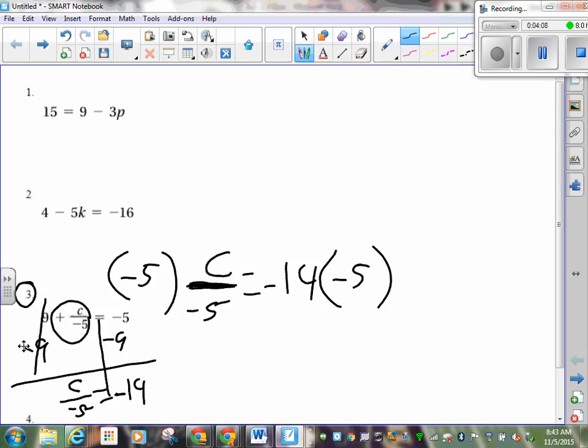This cancels, and I get C equals a negative times a negative is a positive. I'm going to leave you to do the last step. Tell me what that answer is later.